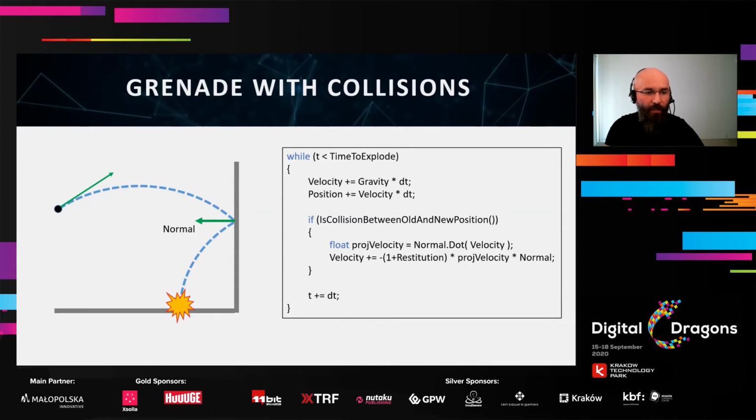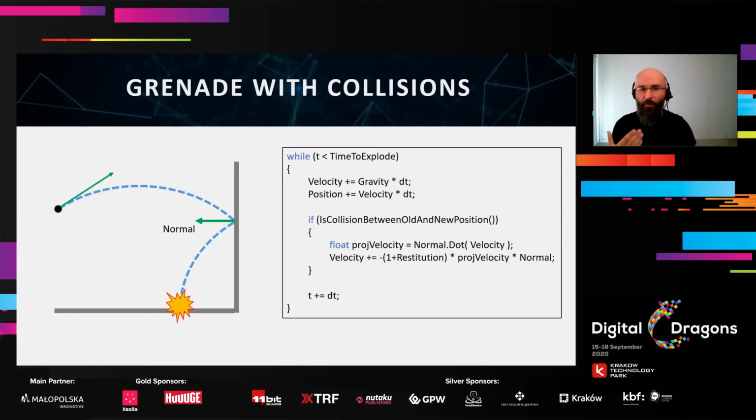I'm computing every step the velocity and position change, and I'm checking if between the old position and the new position there was any collision. If we have a collision, then I need the impact normal from that collision point, and I need to compute how the velocity should change after the impact. This is what's happening in that if statement.